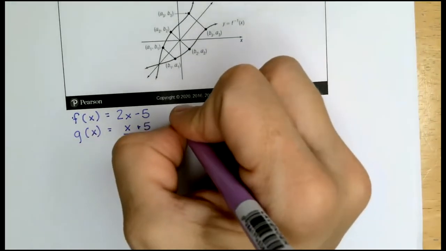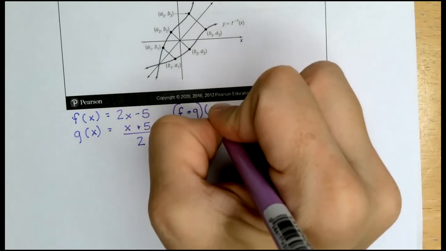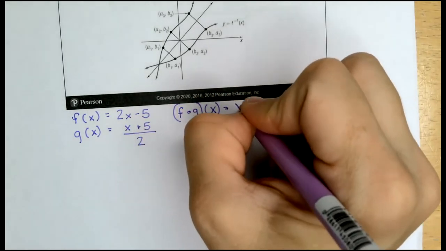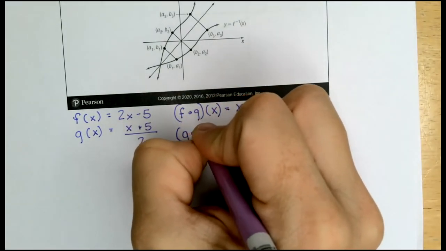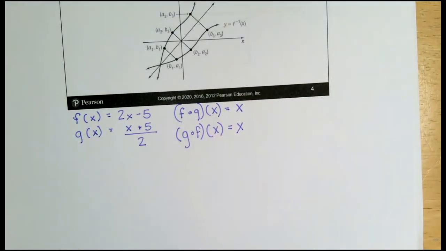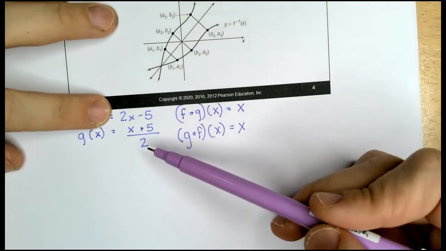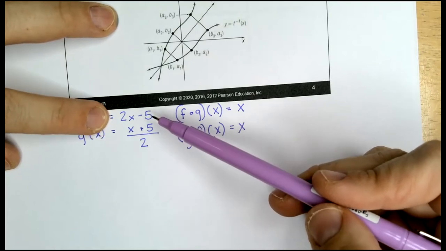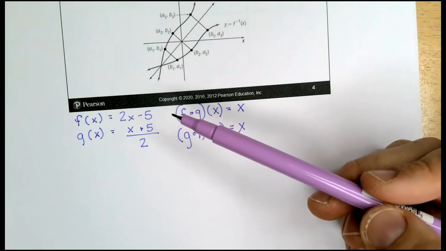We analyzed the functions. Each function's rules undid each other. Multiplication by 2 is undone by division by 2. Subtraction of 5 is undone by addition of 5, right?